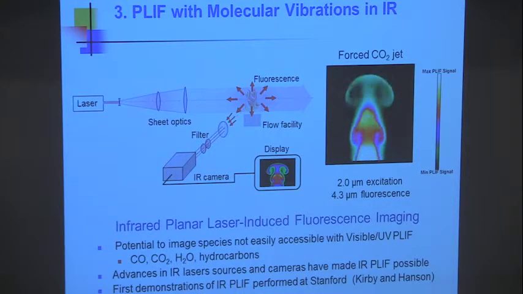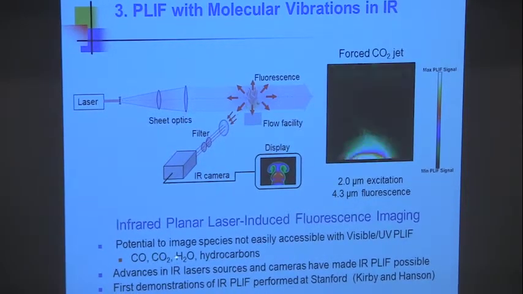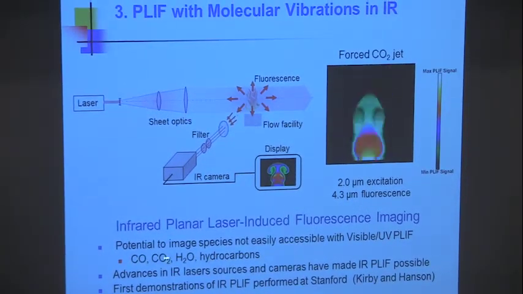It's not easy, so why would we do this? Well, because PLIF can't be done with single photon excitation of CO and CO2. They don't absorb in an accessible region. These are combustion products that we really care about, and also hydrocarbons.